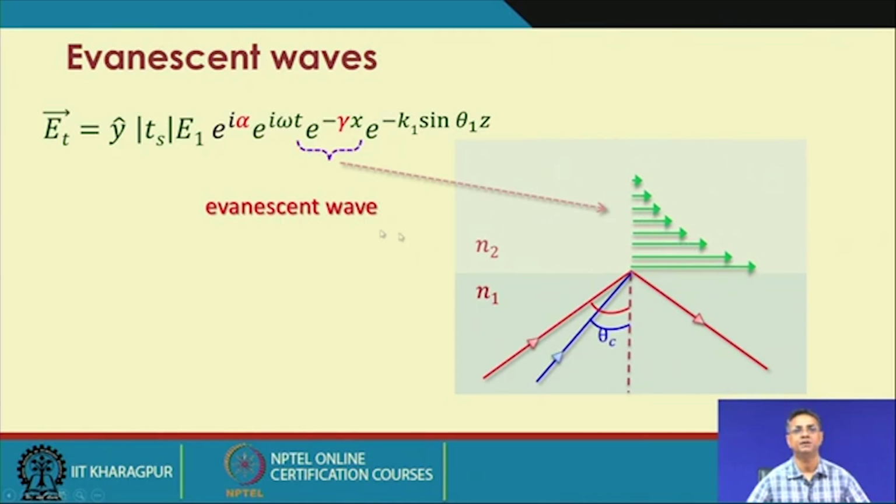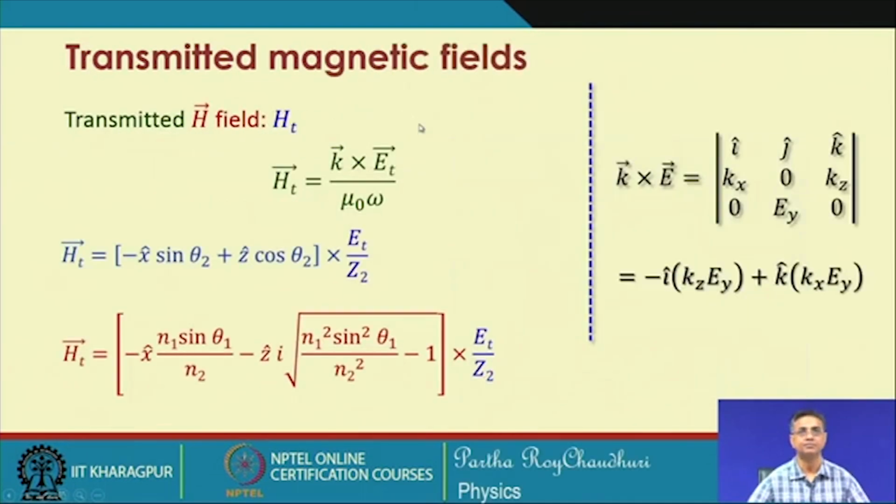So, it appears as the attenuation of the wave by a factor minus gamma. There should be one i here, because this will add to a phase factor. So, by knowing the incident electric field and the transmitted electric field, we can now calculate the magnetic field components.